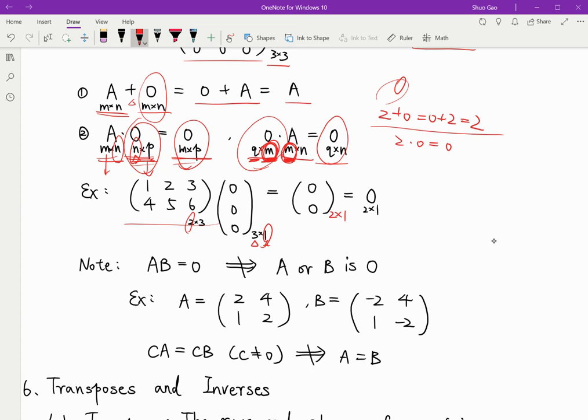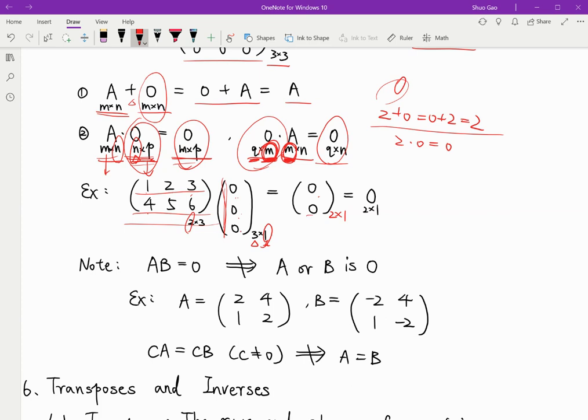So we calculate the first row and first column here. We see that 1 times 0 plus 2 times 0 plus 3 times 0. The result clearly is 0. And again, we use the second row times the first column, which is the only column. So there should be 4 times 0 plus 5 times 0 plus 6 times 0.